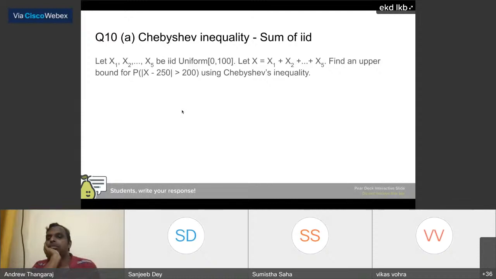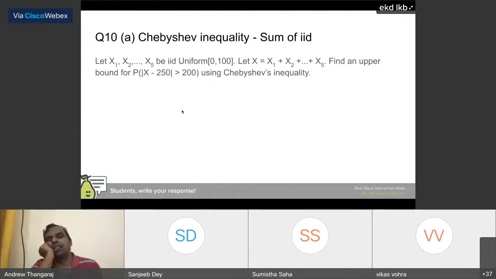I need to clear one concept. The Chebyshev inequality formula you told about is sigma squared over n delta squared, and whatever you have shown is not divided by n. Why is that? No, there's no n or anything.